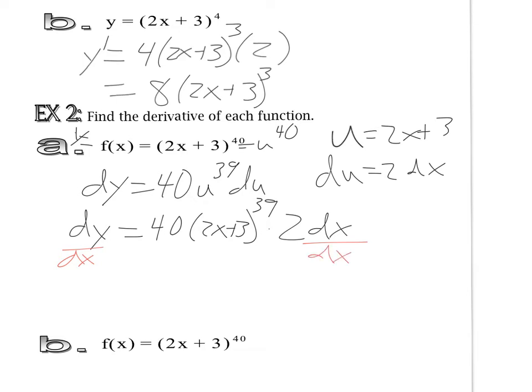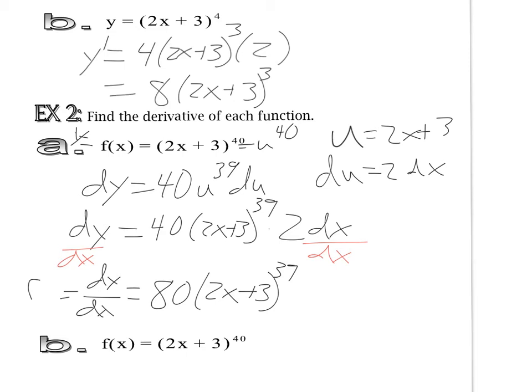And so I get that dy over dx equals 2 times 40 is 80, 2x plus 3 to the 39th. And remember, dy over dx is the same thing as f prime of x.